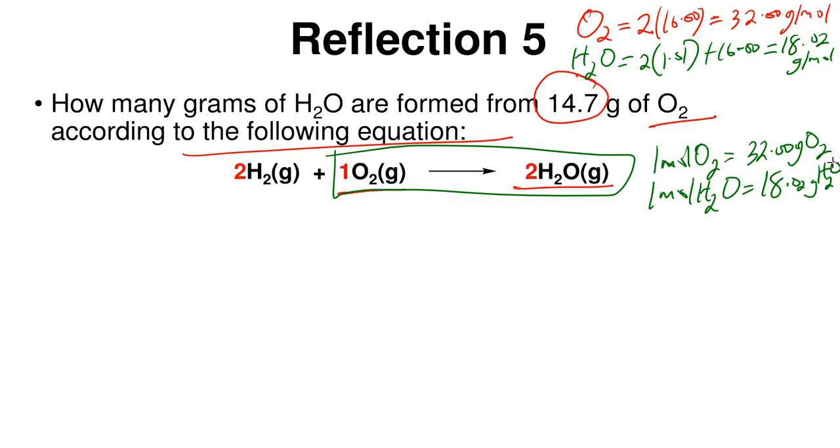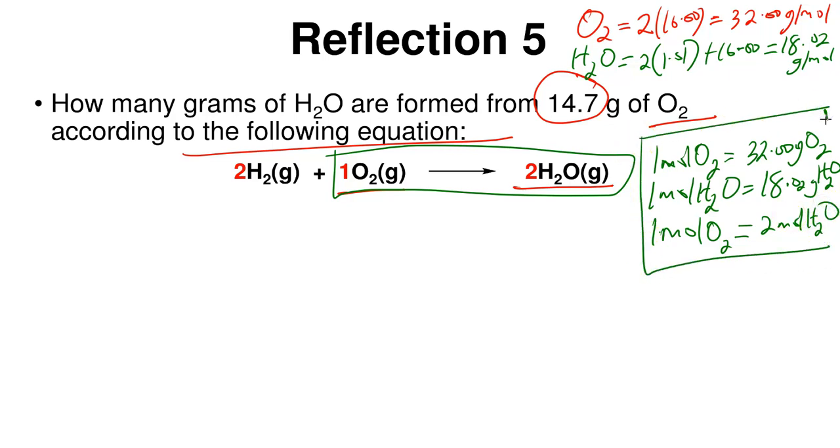And then the last one is the relationship: 1 mole of oxygen will give us what? 2 moles of H2O. So we're using 3 conversion factors to get through this problem.